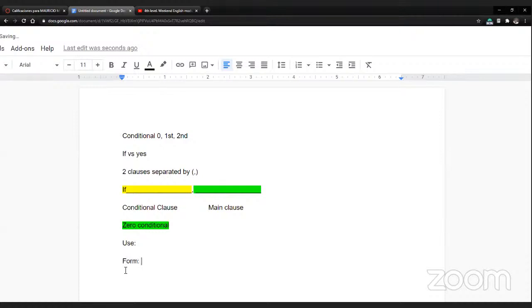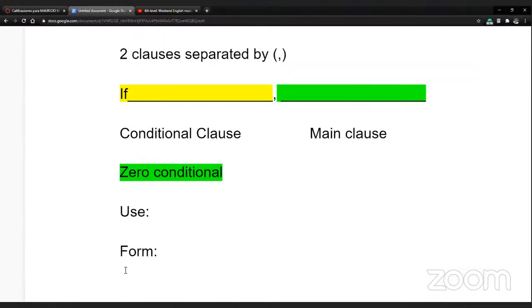The form is present simple in clause number one, and the other clause, the same thing. That's correct. That's the form, present simple and present simple. Perfect. But what about the use?